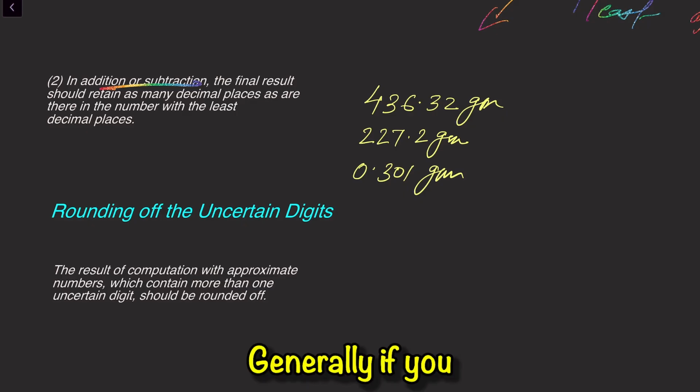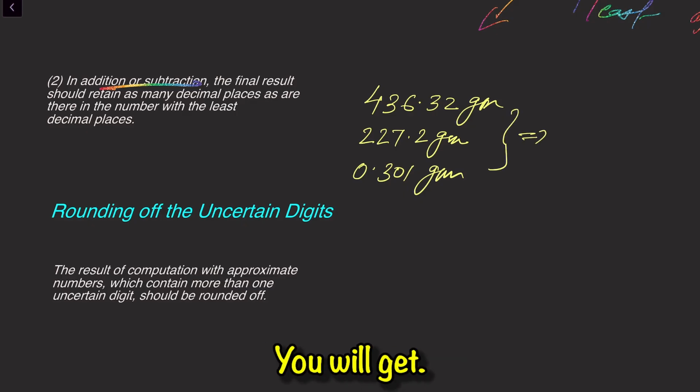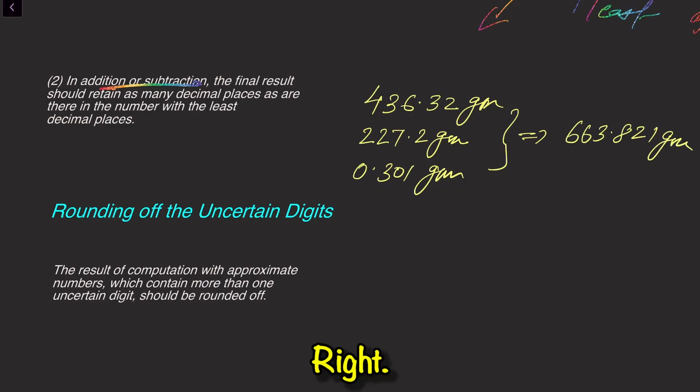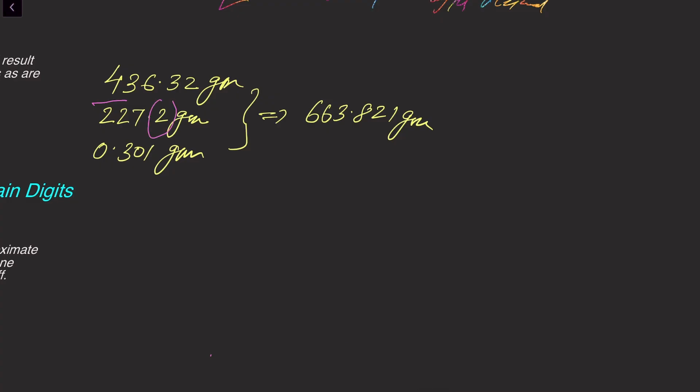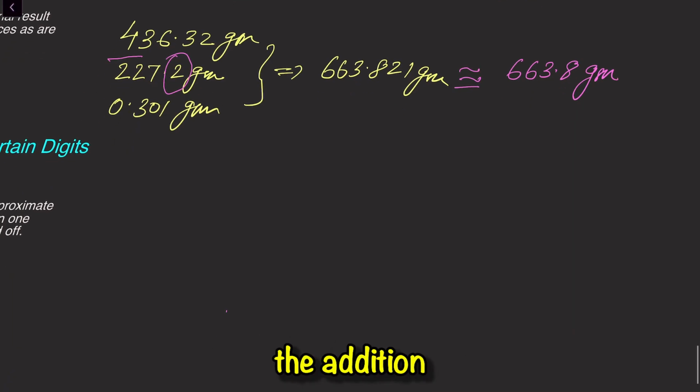Generally if you do addition, you will get 663.82 grams. But while representing this in terms of significant digits, the final result should be rounded off, and since one number has only one digit after the decimal place, we have to make it 663.8. So this is about addition.